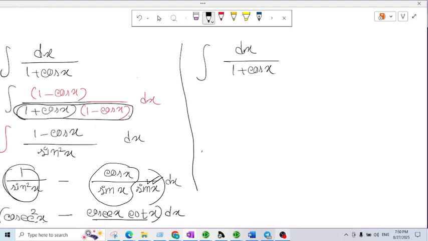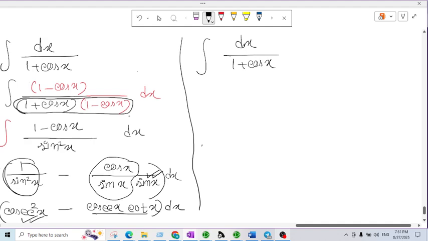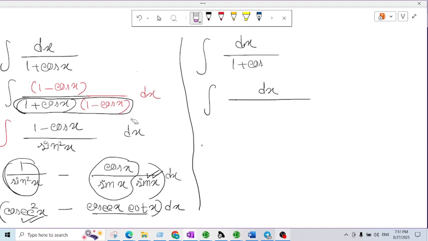Let's see what happens. So now we can write this like this. We have 1 plus cos x. Now x can be written as 2 into x by 2, and now we have to apply one formula, 1 plus cos 2a is equal to 2 cos square a, right?